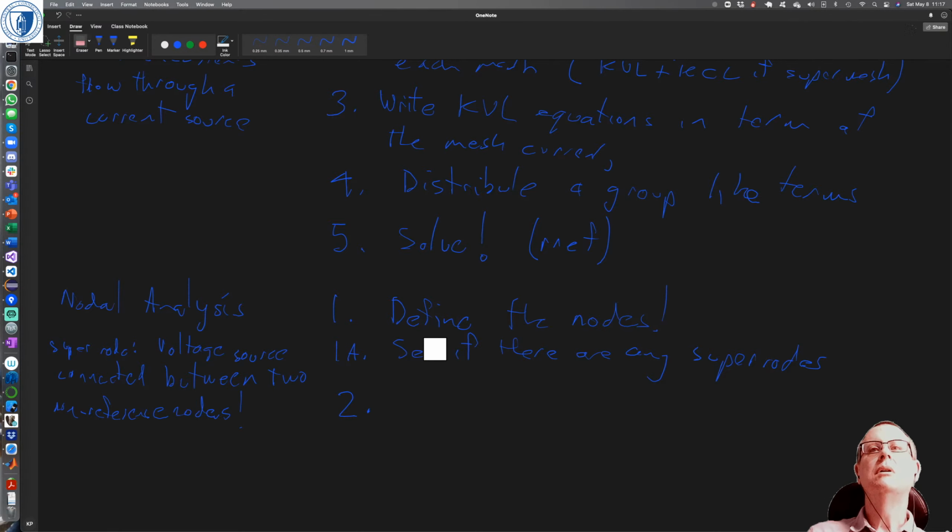So we write down the individual device currents in terms of the node voltages, and that includes direction.